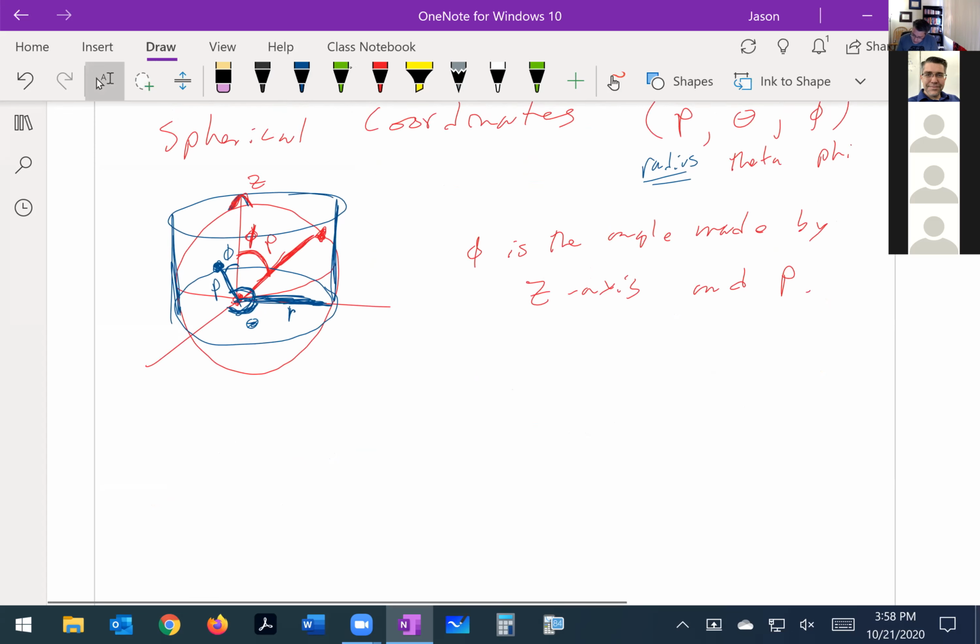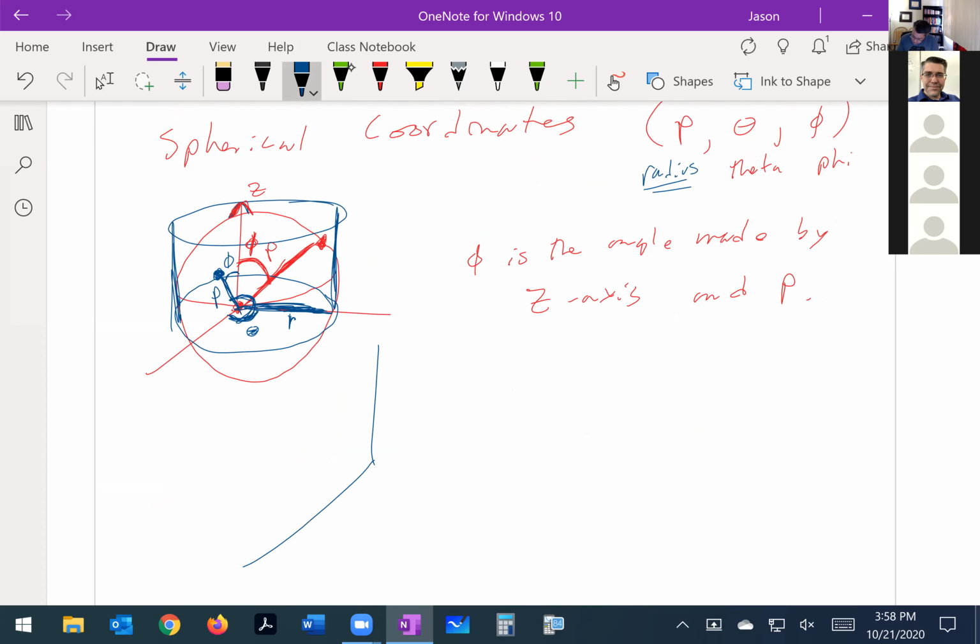My diagram's getting a little jumbled. So let's say that we have the point 1, 1, 1. We're at the point 1, 1, 1, right? So this is x, this is y, and this is z.